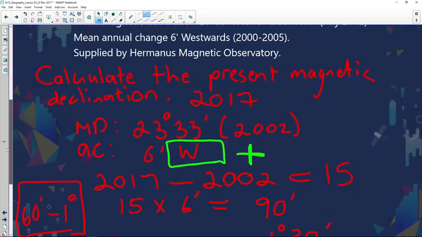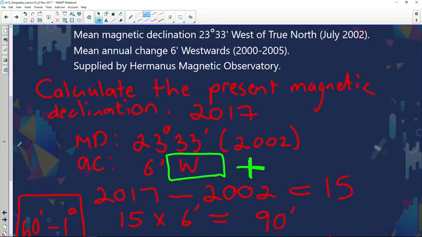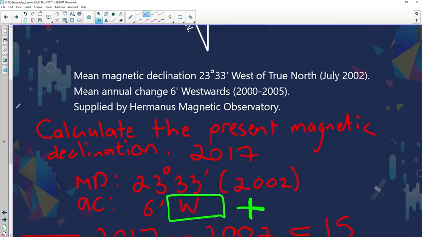Okay, let's quickly go over this again before we do another example. The mean magnetic declination was 23 degrees 33 minutes, and they recorded this during 2002. The annual change means it moves 6 minutes west.